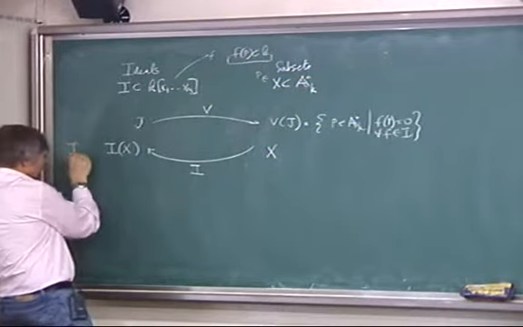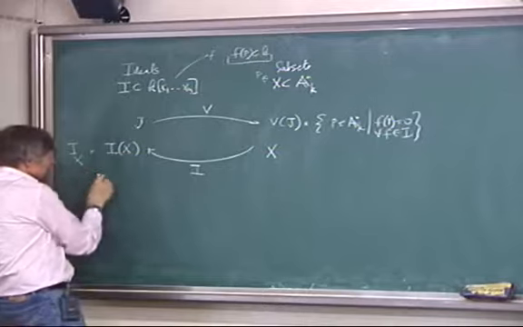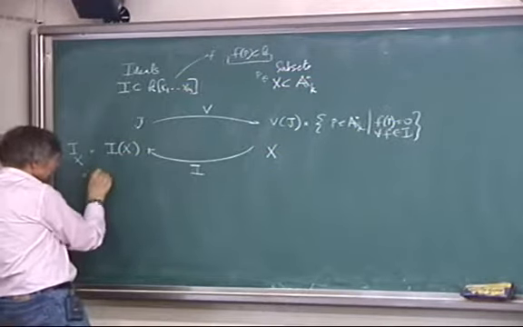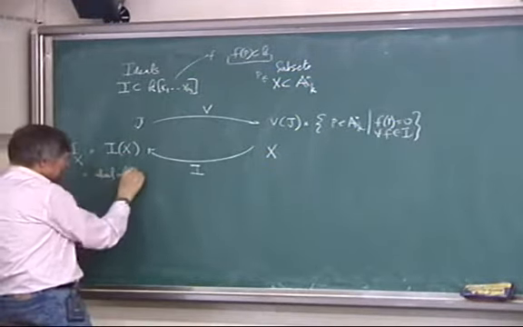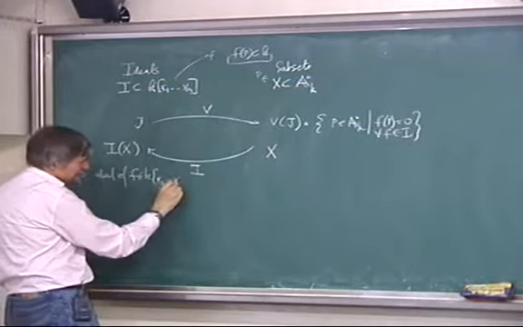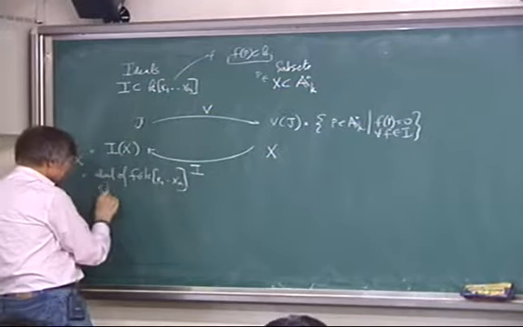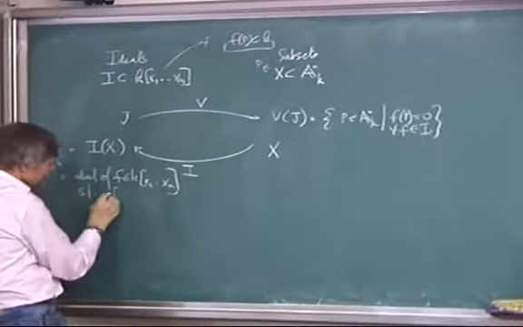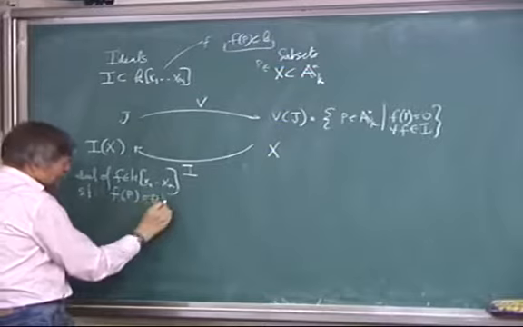Later on it will usually be called I_X, which is the ideal of f in K[x1, ..., xn] such that f(p) equals 0 for all p in X.